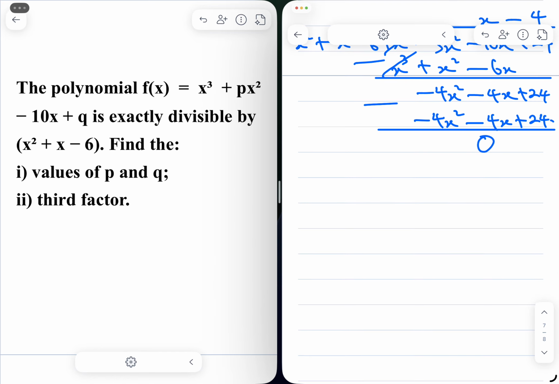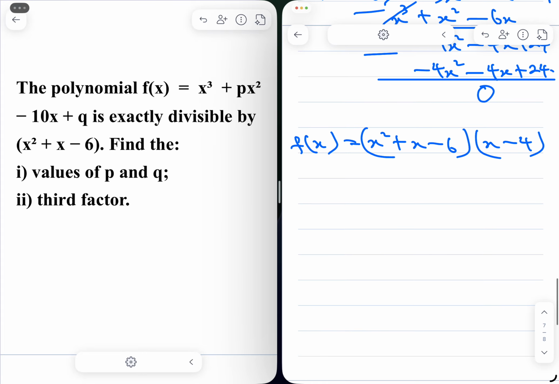Therefore, f of x equals x squared plus x minus 6 times x minus 4. The factors of x squared plus x minus 6 are x minus 2 and x plus 3.